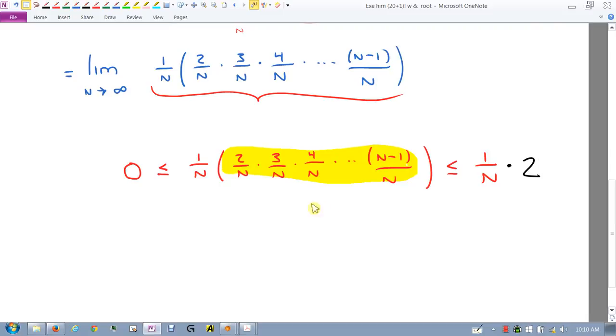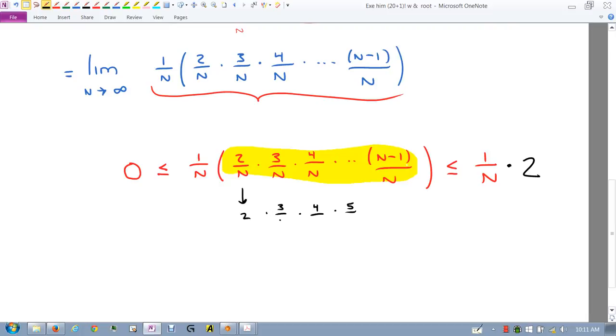If n is 1, what's this number? Okay, if n is 1, this is 2. Then times 3 halves times 4 halves, times 5 halves. Are we agreeing or not? Oh, if I said n was 1, okay.